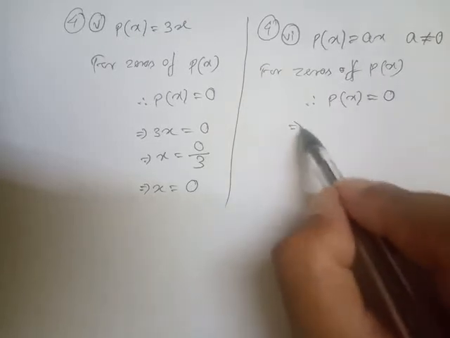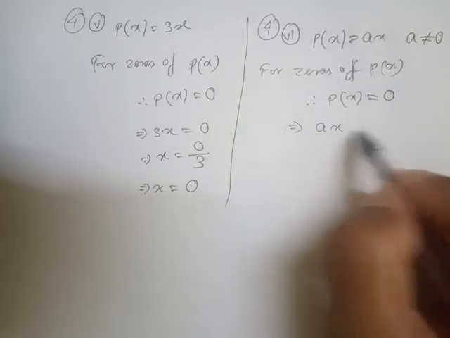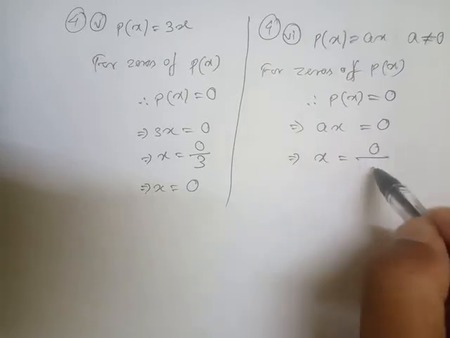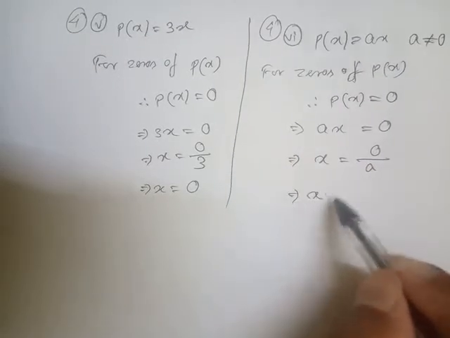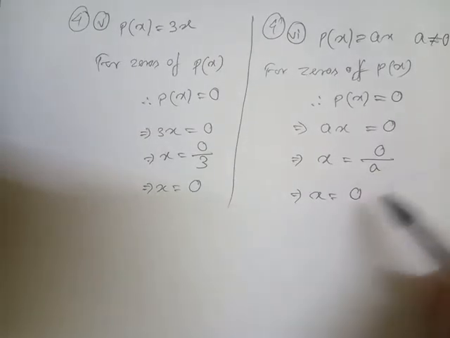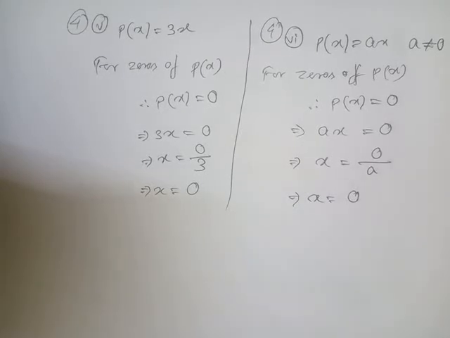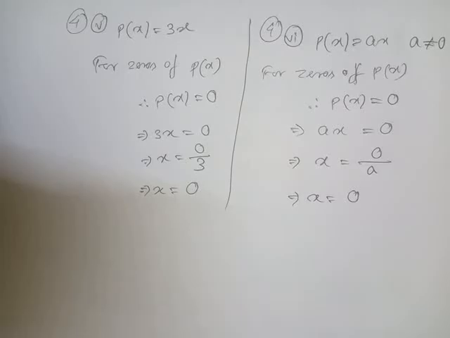Now the value of p(x) is ax equal to 0. In the next step, x equal to 0 by a, so x equal to 0. Since the condition is given that a is not equal to 0, it means a has some value, so x equal to 0. This is the answer of 4 Roman 6.